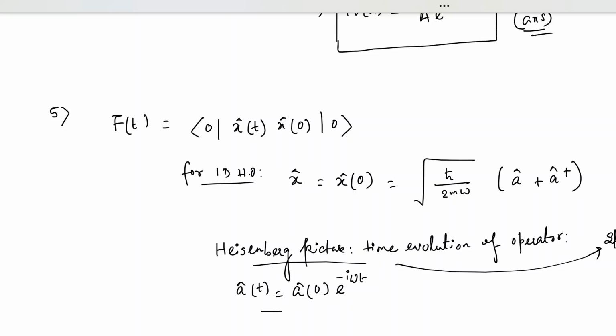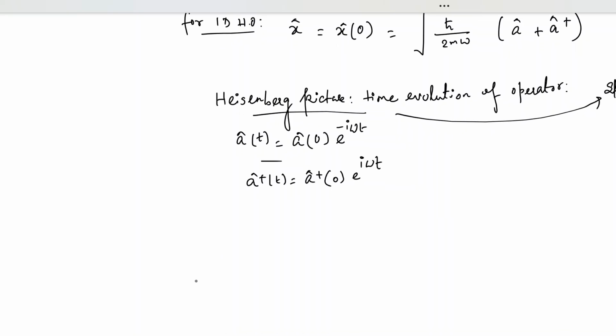But in Heisenberg picture the state does not evolve with time, so to maintain the equivalence to Schrodinger picture something has to evolve with time. So in this case the operator does evolve with time. Okay, so a cap of t is a0 to the power minus i omega t and a cap dagger of t is equal to a cap dagger 0 e to the power of plus i omega t.